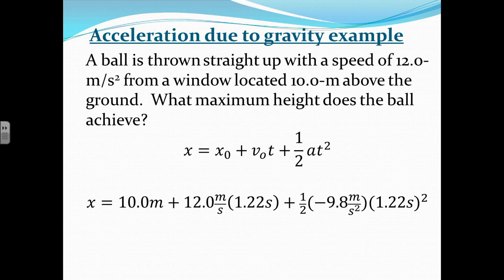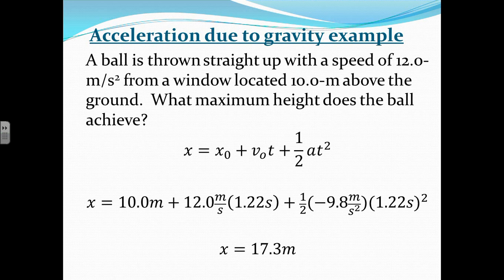Notice that our negative 9.81 meters per second squared means that as this object rises in the air, the rate at which its position changes will decrease as we go. This is the term that brings it to 0 at our peak. Solving this for x, we get a position of 17.3 meters above the ground.